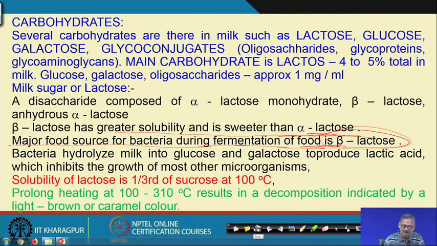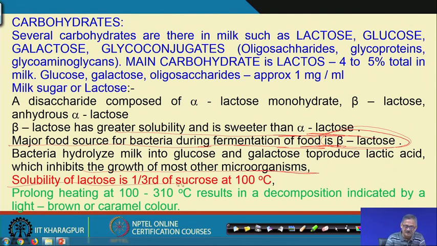If lactic acid bacteria are converting lactose to lactic acid, that lactic acid does not allow other organisms to grow in the milk, because they do not tolerate high lactic acid concentration, which inhibits the growth of most other organisms.